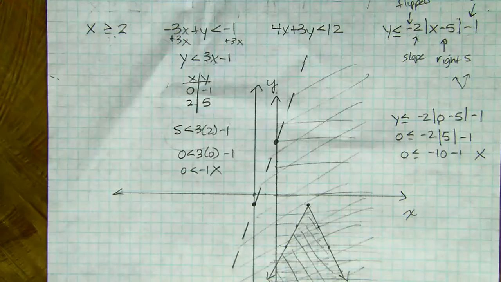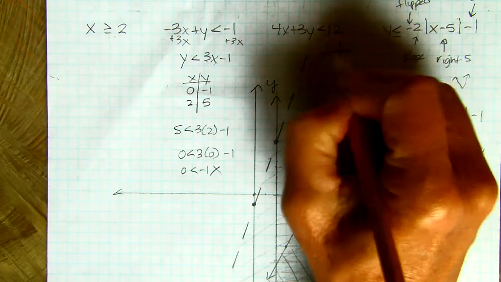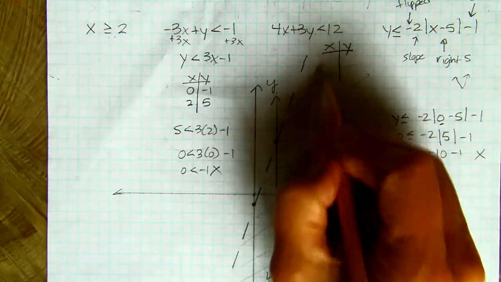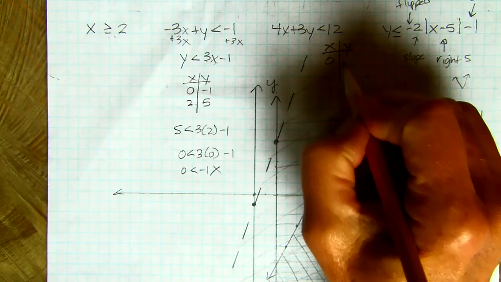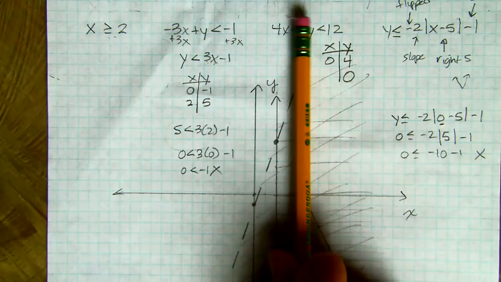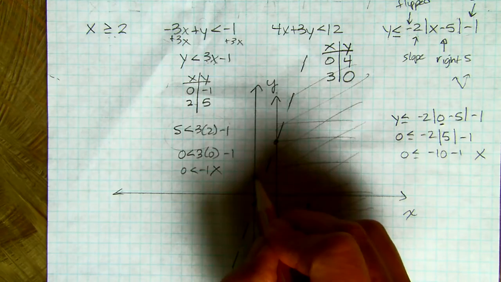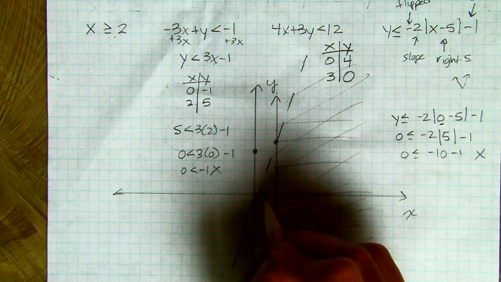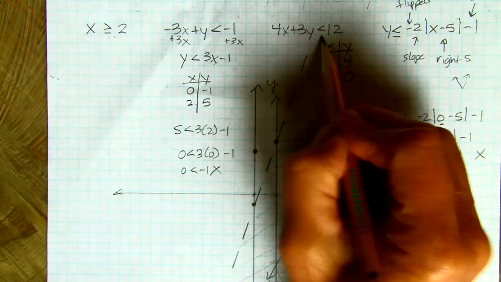And then finally, I have 4x plus 3y is less than 12. This is easy to find intercepts. If x is 0, y would have to be 4. If y was 0, x would have to be 3. So 0, 1, 2, 3, 4. 1, 2, 3, 0. Dashed or solid?